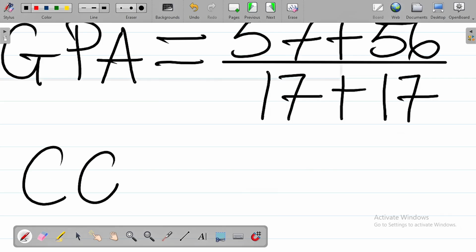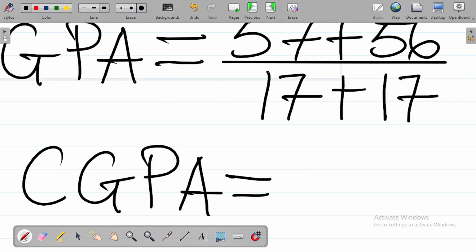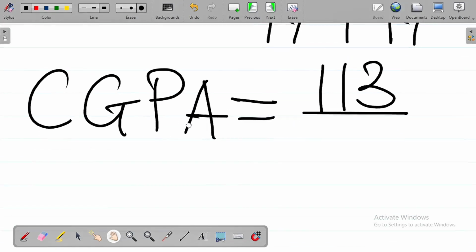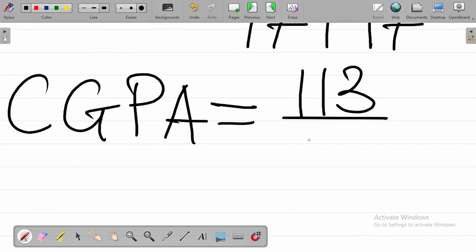So CGPA is equal to 57 plus 56. Punch your calculator. 57 plus 56 is 113. So we have 113 all over 17 plus 17, which is 34.